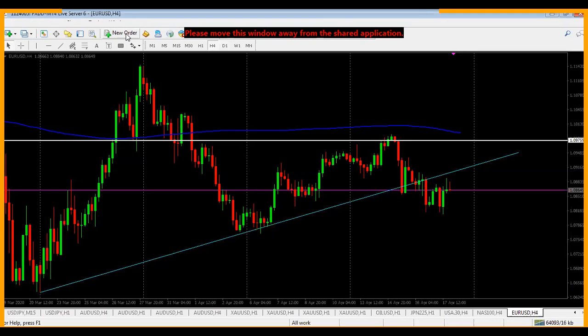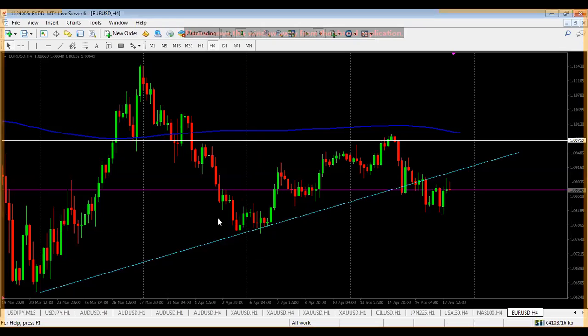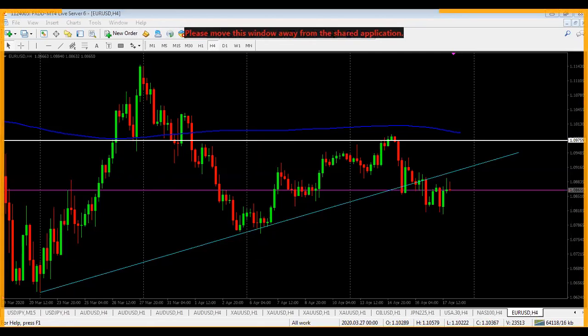This is the new order, and all the things here we have already explained. Next time, guys, we will have another interesting lesson. We will have the Fibonacci retracement, and we will do some work on the chart with the Fibonacci retracements.